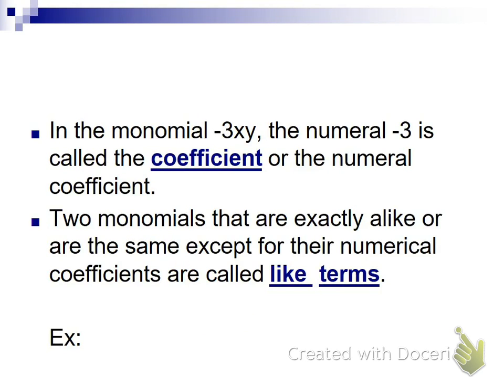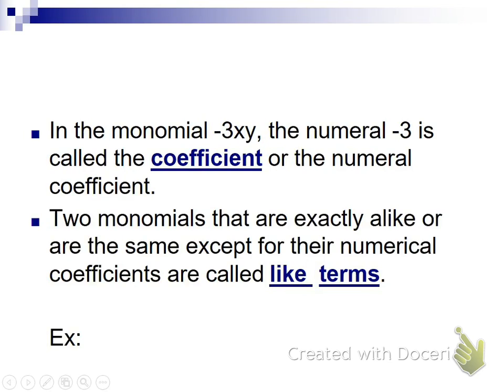In the monomial negative 3xy, the numeral negative 3 is called the coefficient, or the numeral coefficient. That shouldn't be new. We've talked about coefficients before. The big number out in front of a variable. Two monomials that are exactly alike, or are the same except for their numerical coefficients, are called like terms. Again, that's something we have talked about before.